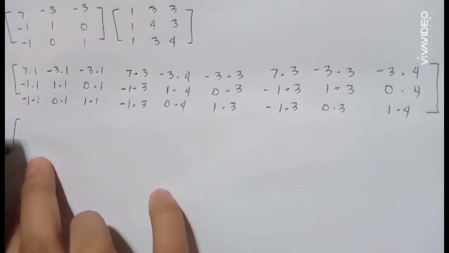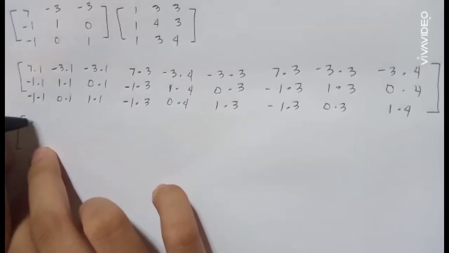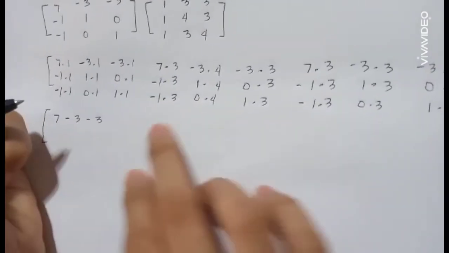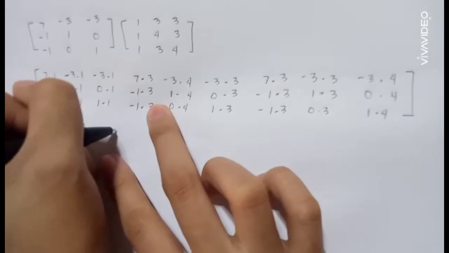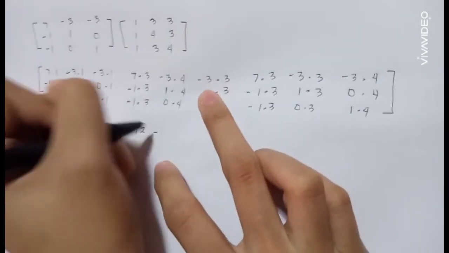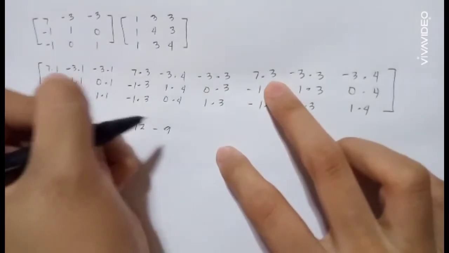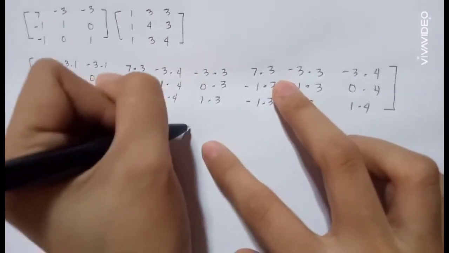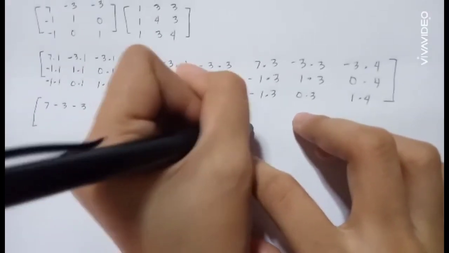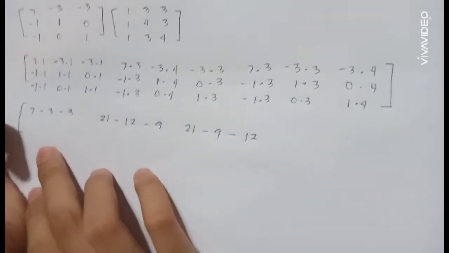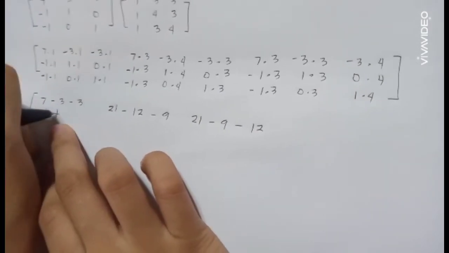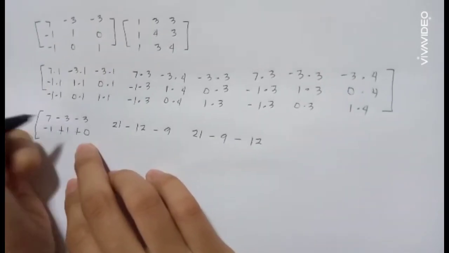So now we have 7 minus 3, and then 21 minus 12 minus 9. Next is 21 minus 9 minus 12. For the next row, we have negative 1 plus 1 plus 0.